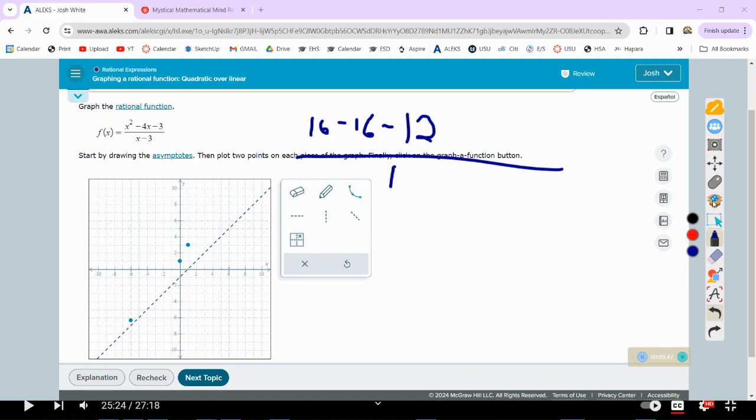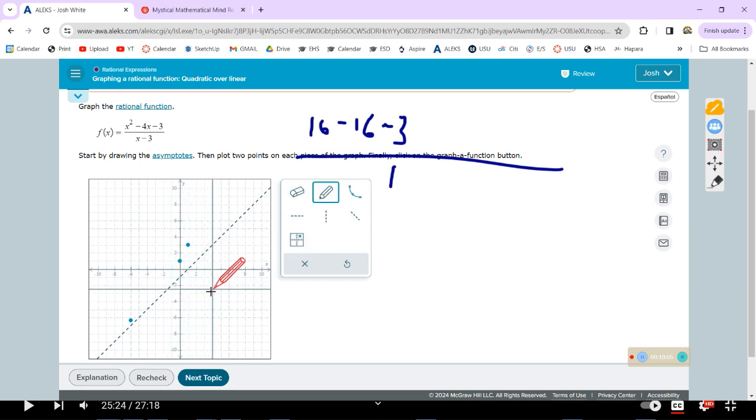Oh, thank you. That's not a 12. This would just be a 3. So minus 3. So we would have 4, negative 3.